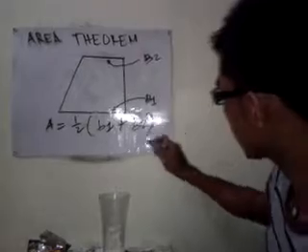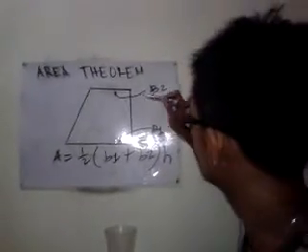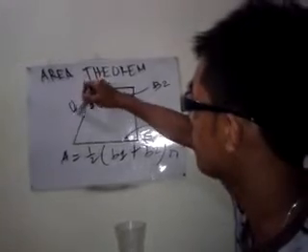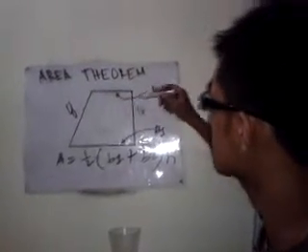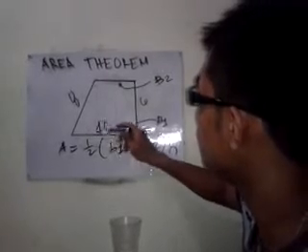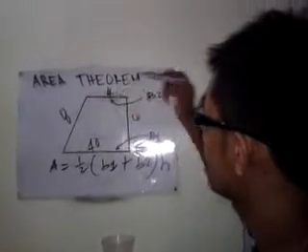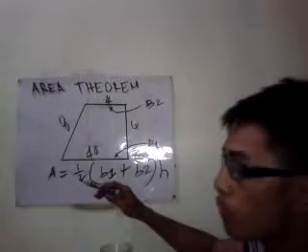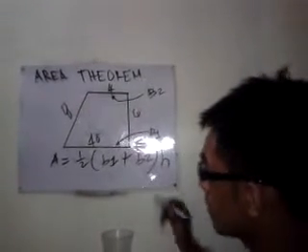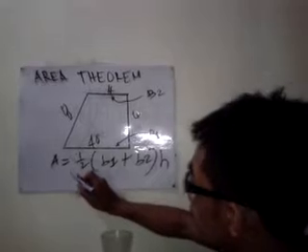Let's assume that this is 8, this is 6, this is 10, and this is 4.